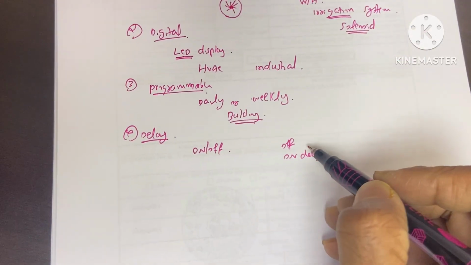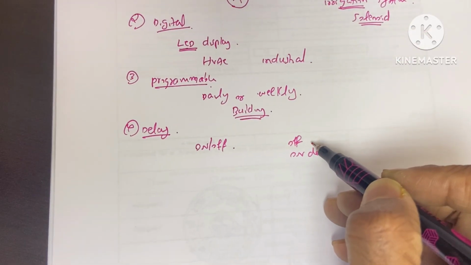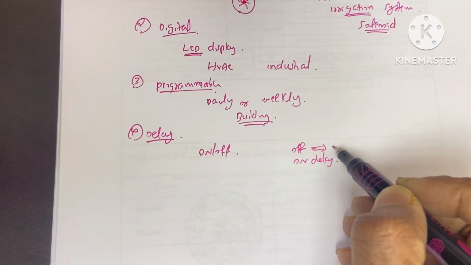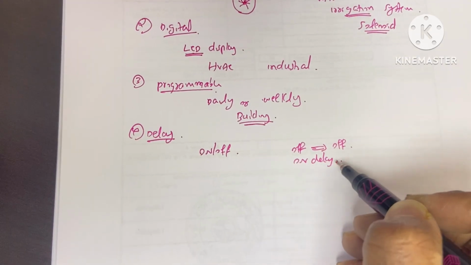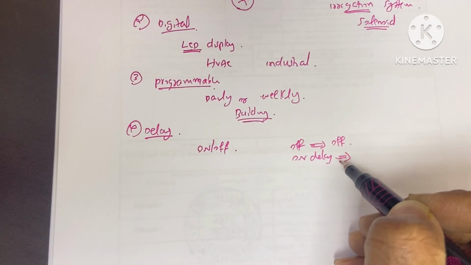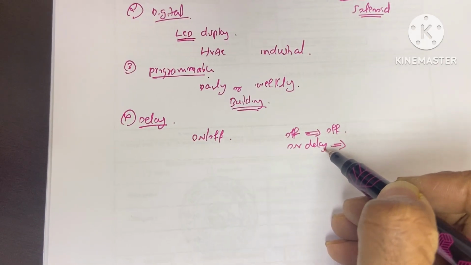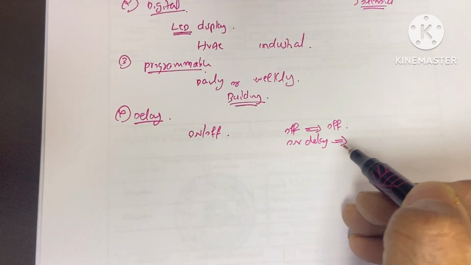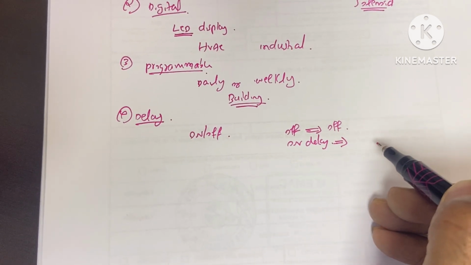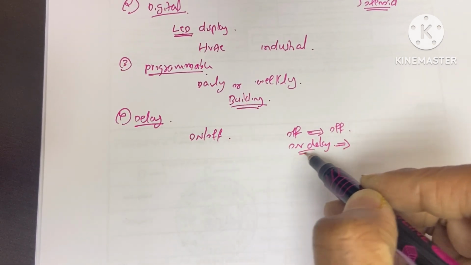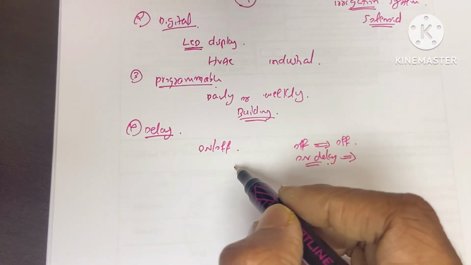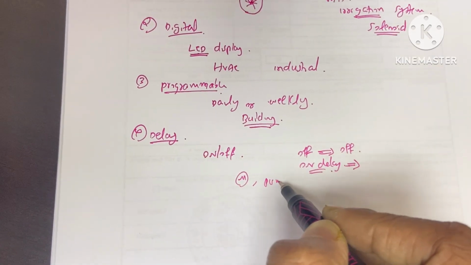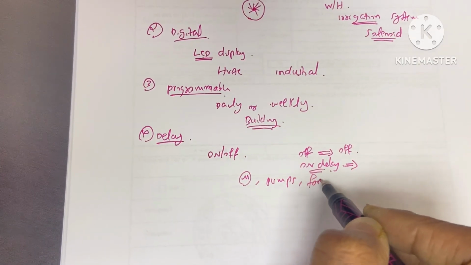If you are using the off delay timer, then after a specific time interval the machine will be switched off. Another one is on delay. This one delays the switching on of a machine. It means that after a specific time interval your machine will start. We could use this delay timer in motors, pumps, fans, like that.